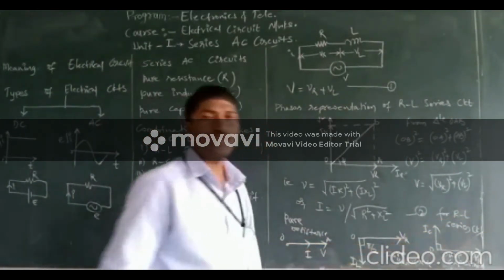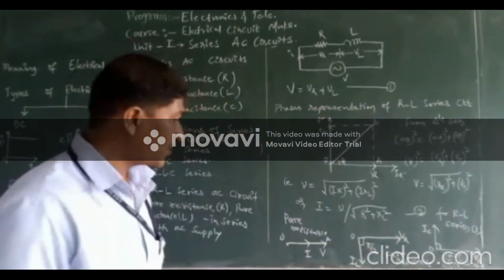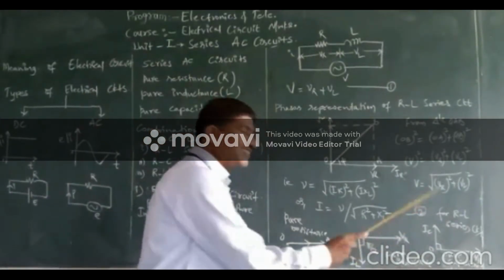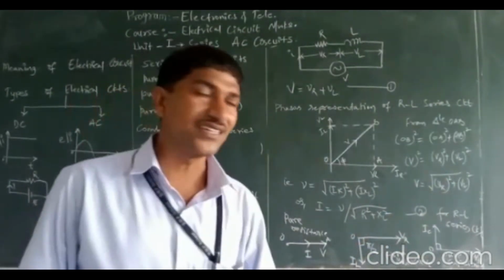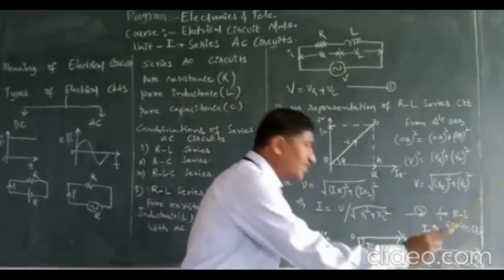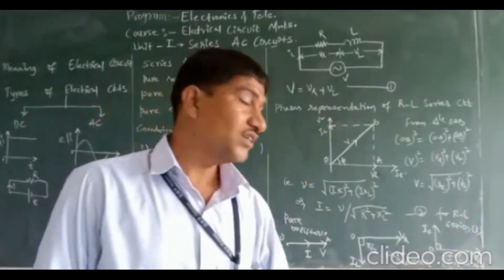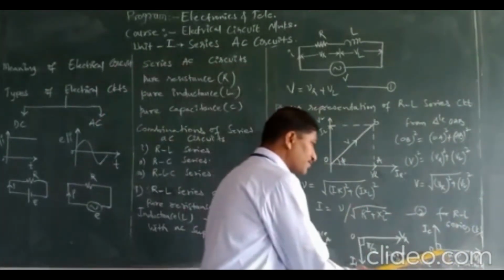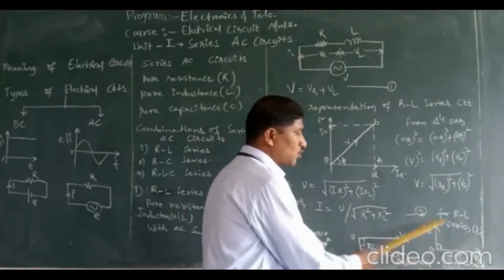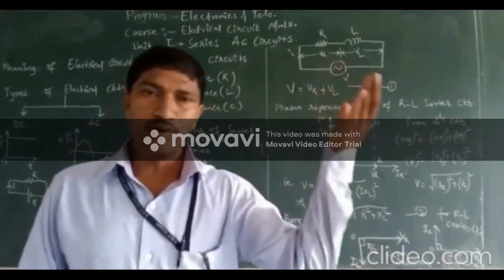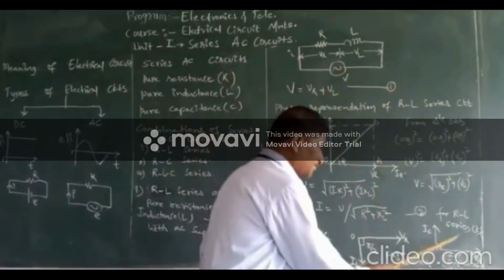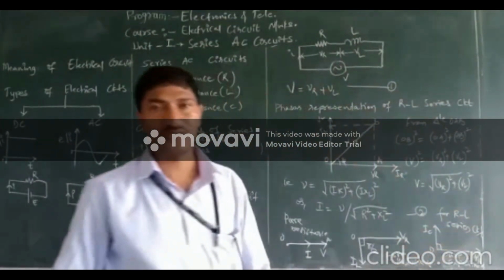Now when we consider a pure inductance circuit, the current lags the voltage by an angle of 90 degrees. Similarly, when we consider a pure capacitance circuit, the current leads, which is shown in the upper axis, at 90 degrees.